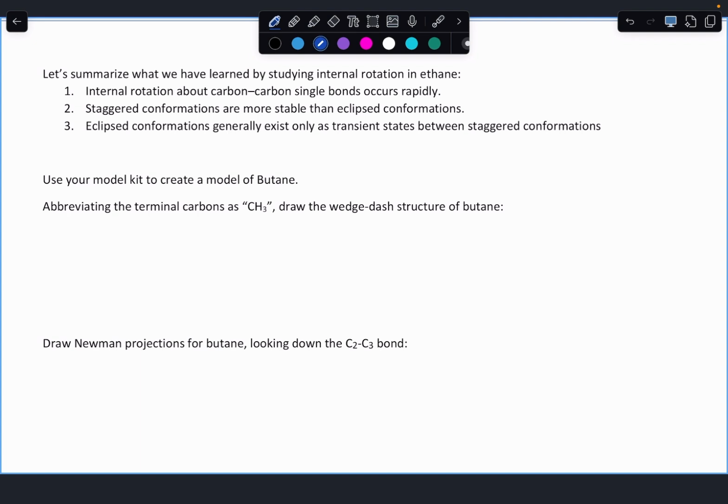Okay, we're going to look at butane now. So now I need that to make butane. So butane, remember how many carbons that is? 4.